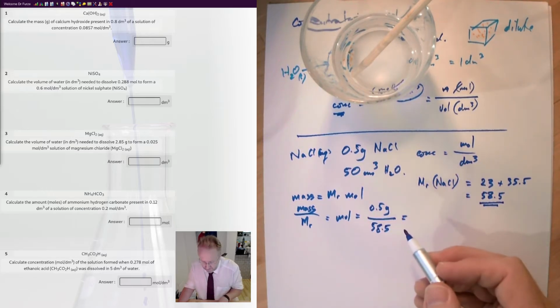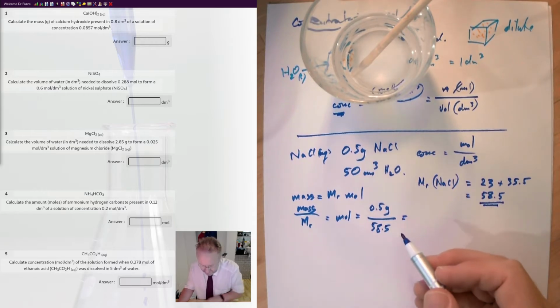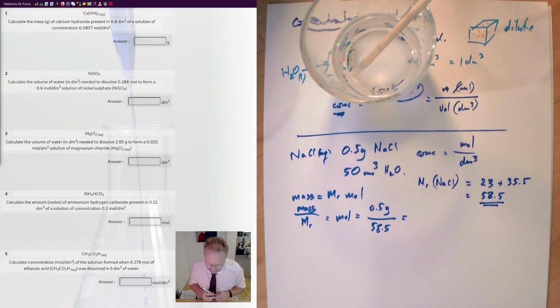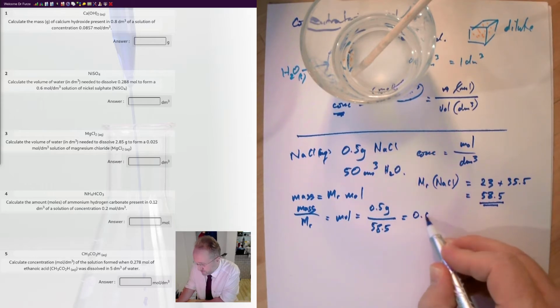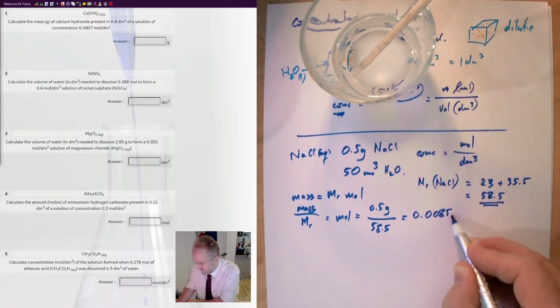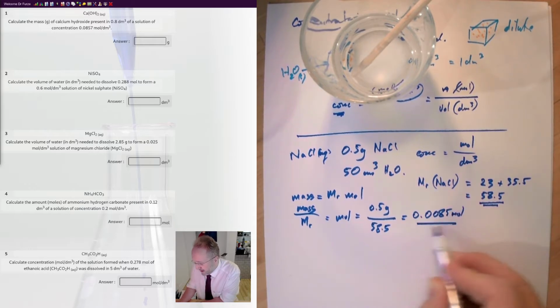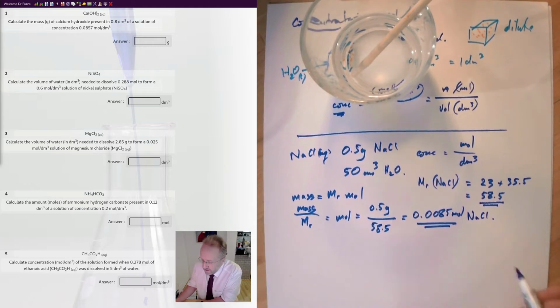That is equal to 0.0085 moles. We have 0.0085 moles of NaCl.